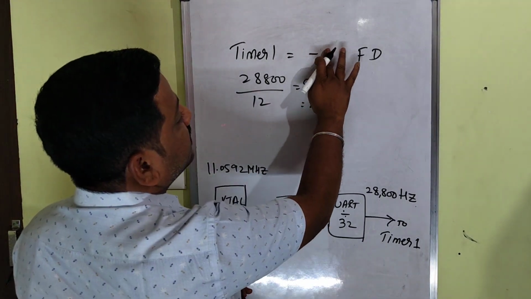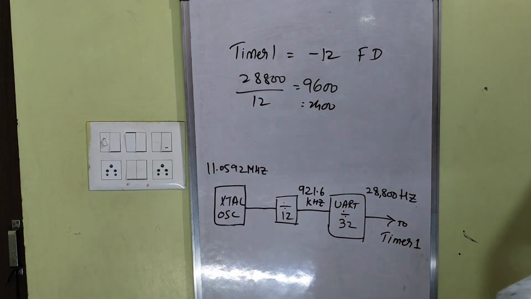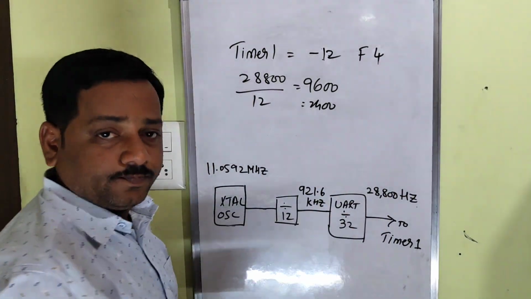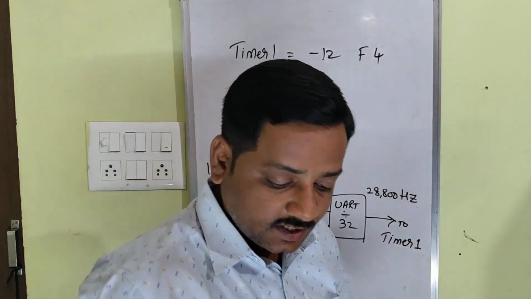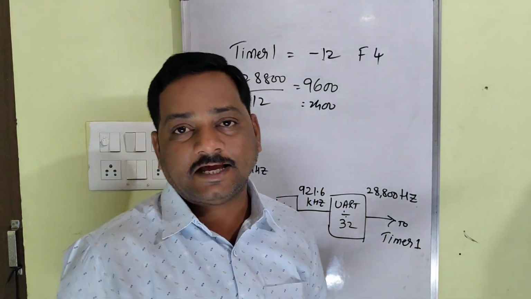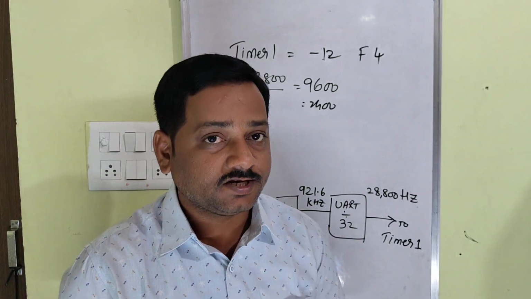So you need to give -12 as an input for timer 1. -12 in hexadecimal is going to be F4. These are the numbers we need to give to the timer so that we define the baud rate. I hope this concept is clear.